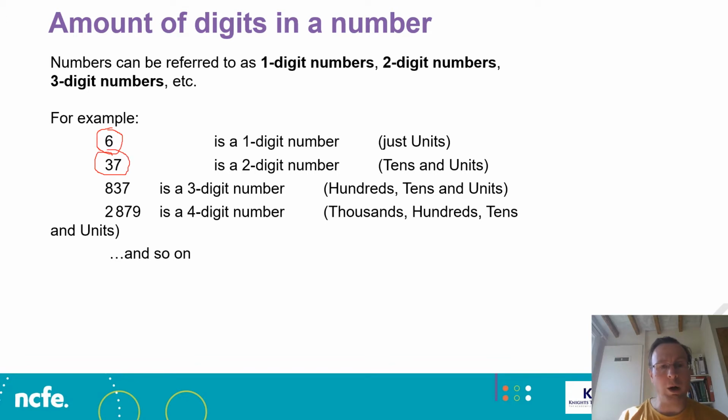It's 1, so 6 is a 1-digit number. You only use those units on the left-hand side of that previous table. 37 is a 2-digit number, 837 a 3-digit number, 2,879 is a 4-digit number, and so on.